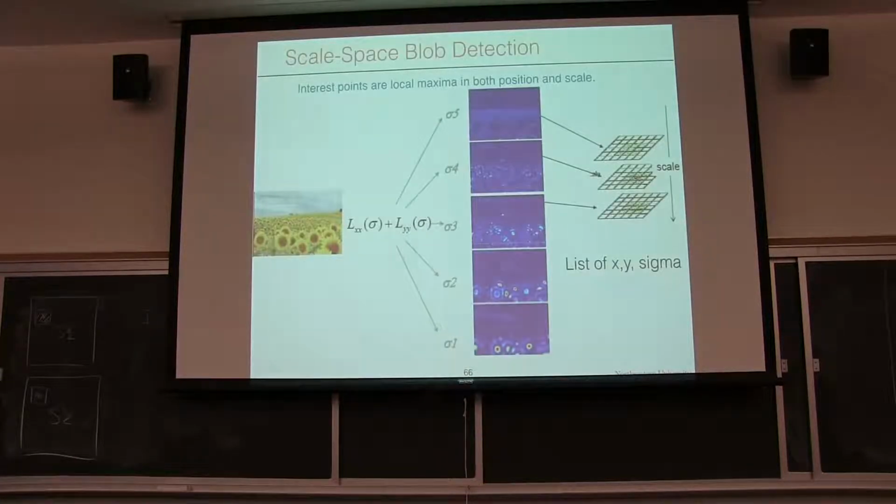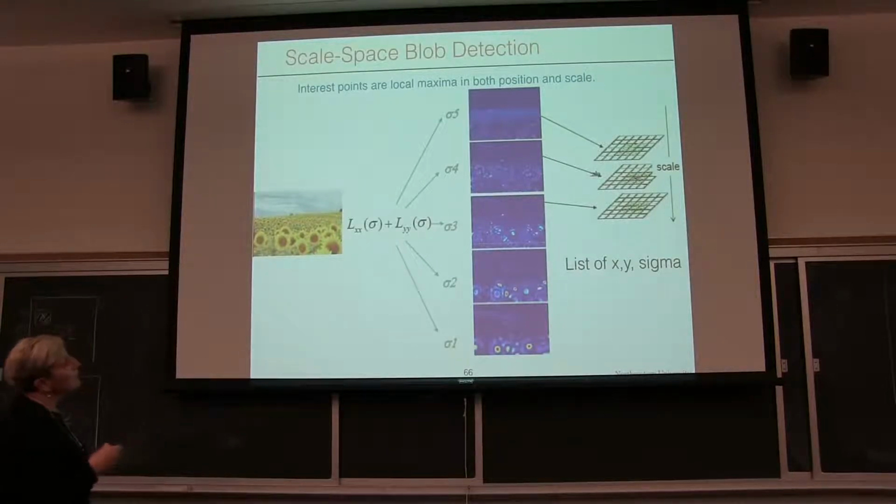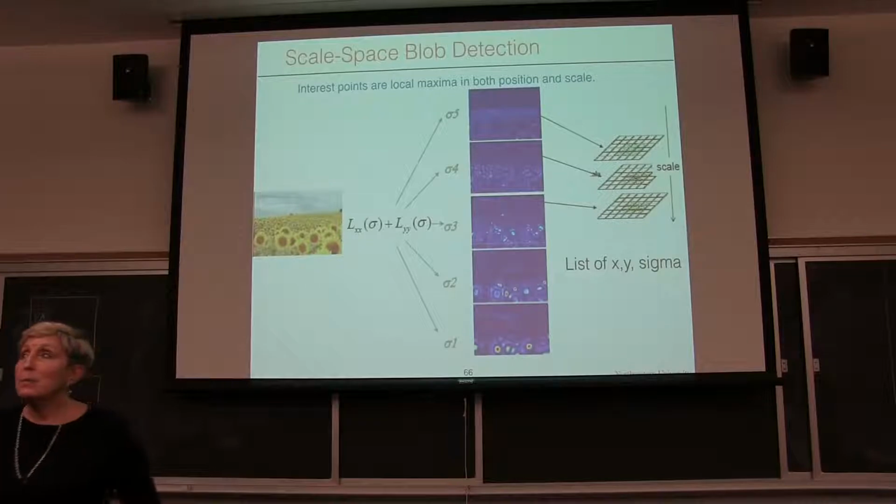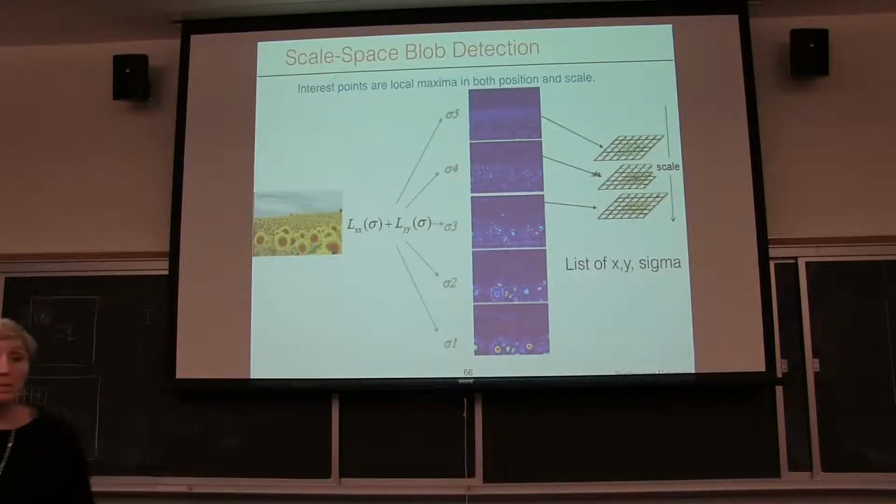So what we do is, given an input image, we have the Laplacian of the Gaussian with different sigmas, and we have all of this together. We look at each pixel across the scales, and we find which scale gave the maximum response.